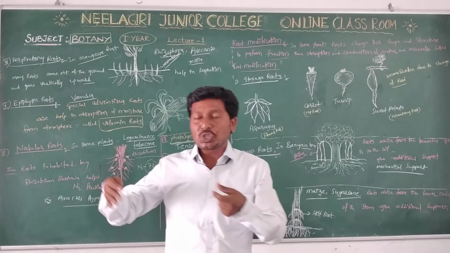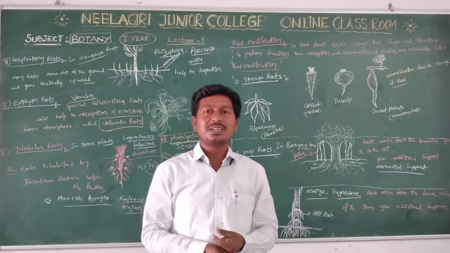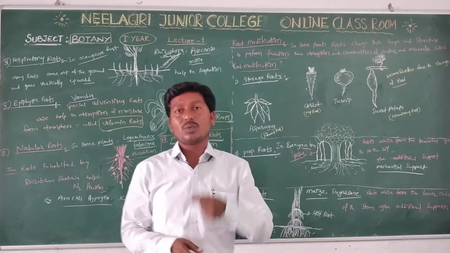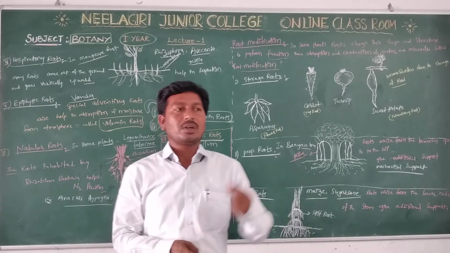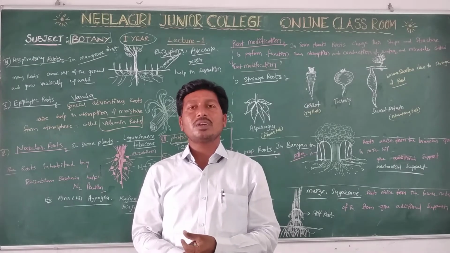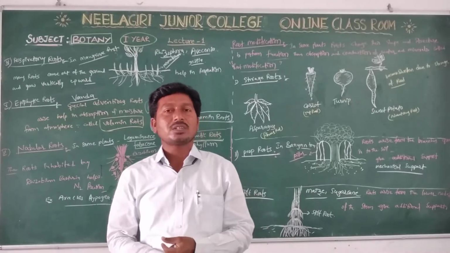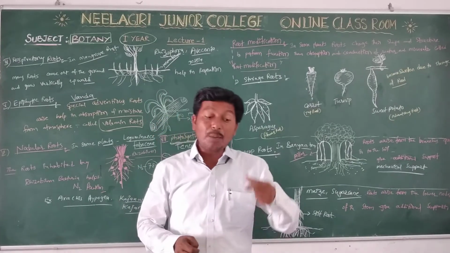It is seen in dicotyledonous plants, for example Arachis hypogaea, Azadirachta indica, and Tephrosia purpurea, Vempali. These are taproot systems.